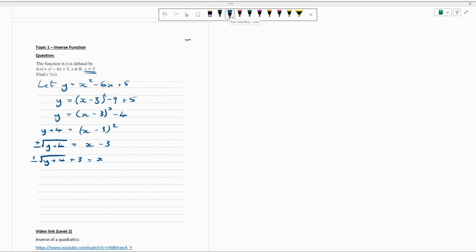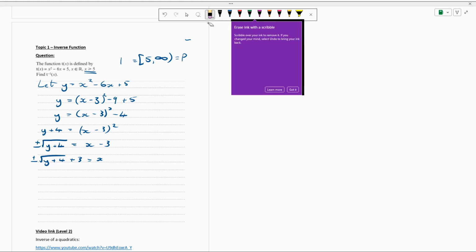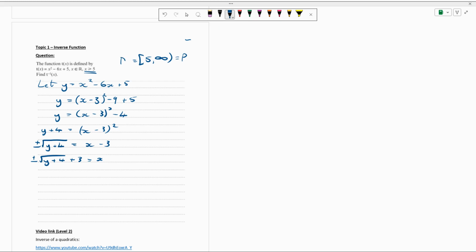Now, I need to decide, before I do my inverse part, if I want plus or minus. I know that the domain of t is greater than or equal to 5, so 5 to infinity, which means this should also be the range of my inverse.